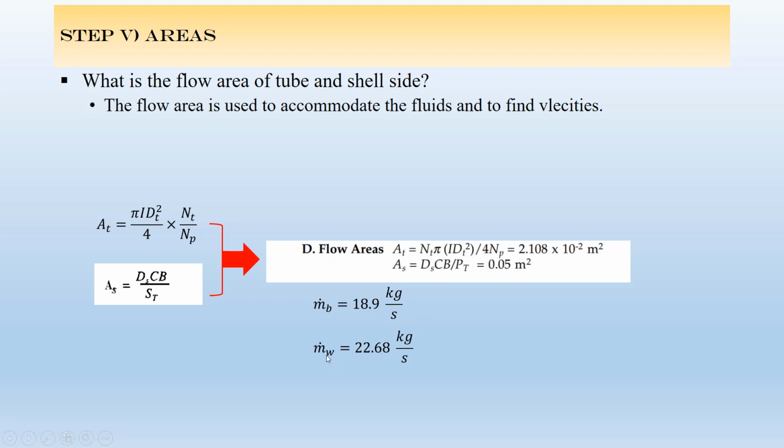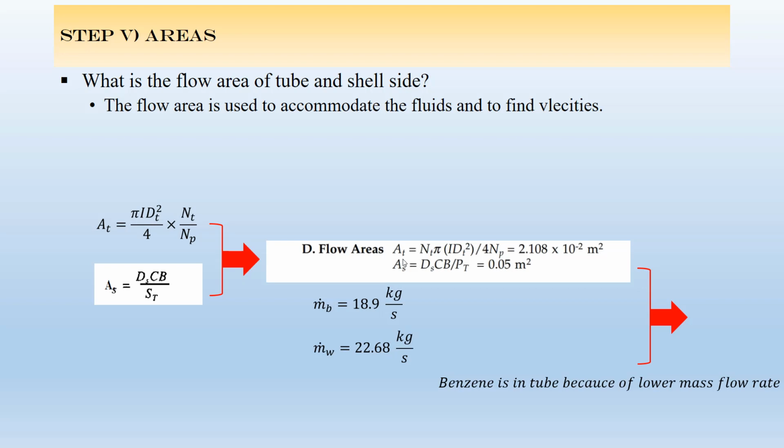So water flows through shell, and benzene flows through tubes. And you already know that, correct? So the assumption is correct. This is actually a good assumption, that the benzene is in tube side, and water is in shell side.